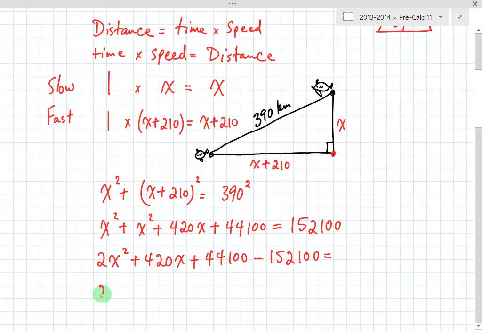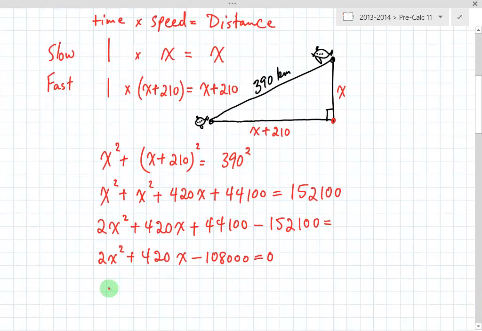Simplifying, 2x squared plus 420x minus 108,000 is equal to 0. Everything is divisible by 2, and I'm going to do that just to simplify it. x squared plus 210x minus 54,000 is equal to 0.